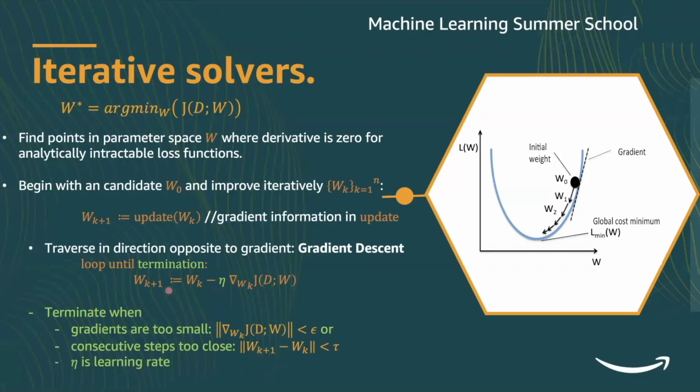And the termination condition is if the gradients are too small, we know that we are very close to the minimum, or the consecutive steps are very close. We know that we are either too close to the minimum, or it requires tweaking the learning rate, because even if the learning rate is very small, the consecutive steps could get very small. So it's important to use a suitable learning rate scheduler for good convergence.